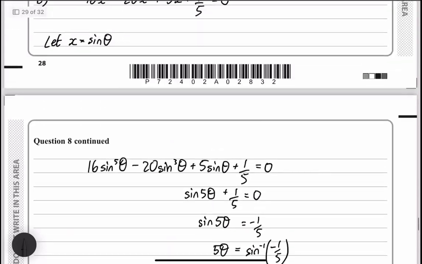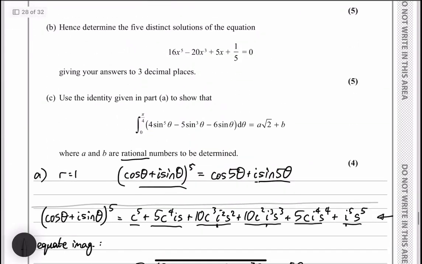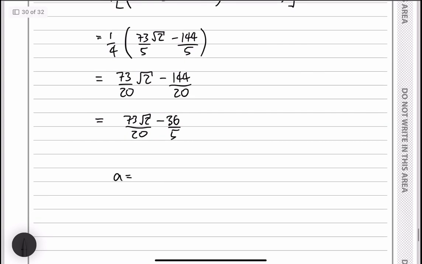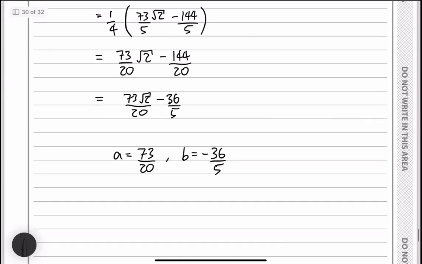Now it was a and b, was it? a and b. So a is the rather horrible 73/20, and b is the slightly nicer 36/5. And that is the end of the paper. So once again, I hope that that has been helpful for you, and maybe I'll see you in another video.